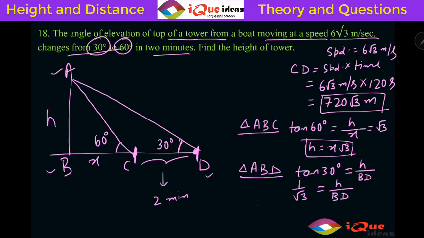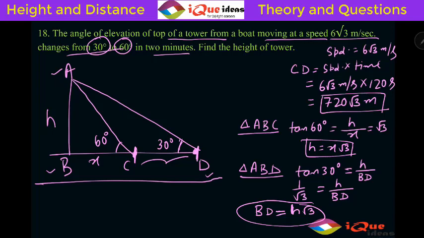So from here we have BD is equal to H root 3. Right? Now what is BD? BD is equal to, let's use this space. Now BD we have calculated H root 3. Look at this BD. BD is equal to X plus CD, and CD is 720 root 3 meter we have just now calculated here. Right? This is CD. So X plus 720 root 3.